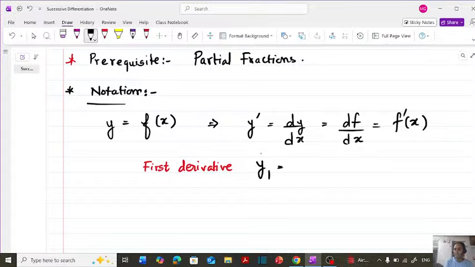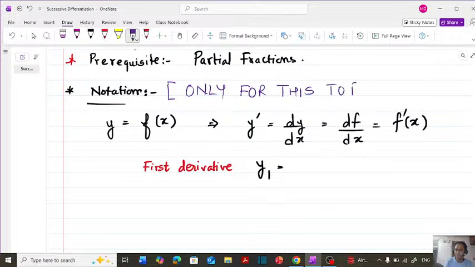Okay, first derivative is y1 over here. And now remember that this is only for this chapter, only for this topic. This notation has been developed so that the first derivative will be denoted by y1.